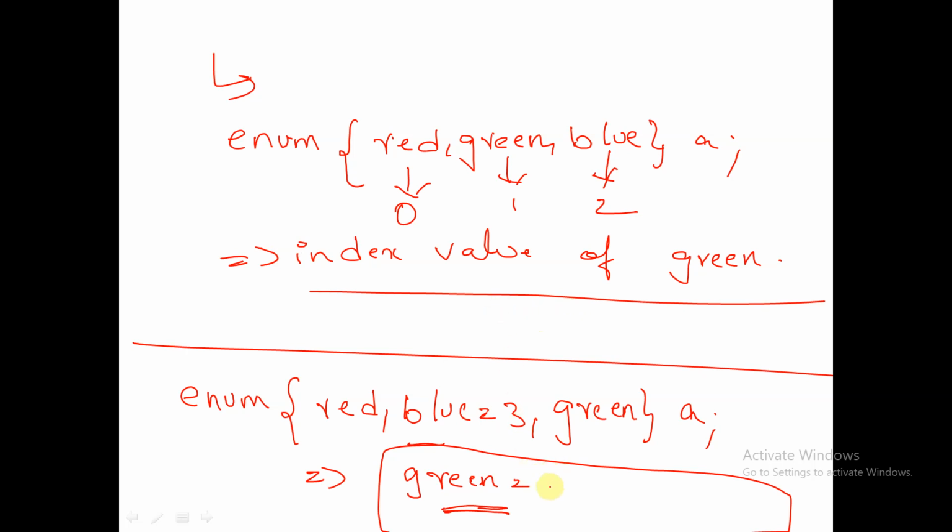So the index value of green will be equal to 4. Here the index value of red is equal to 0. Since we are modifying the index value of blue to 3, the consequent index value of green will be changed to 4. Like this it will get modified. Is this clear?